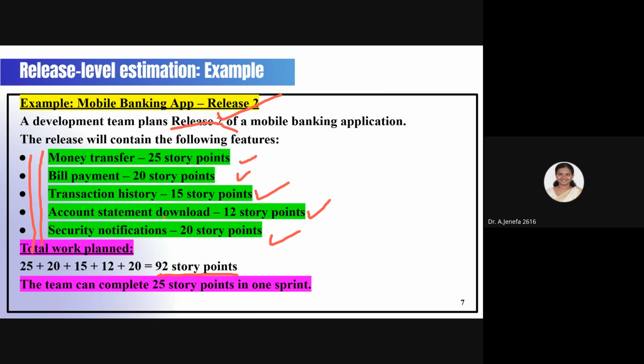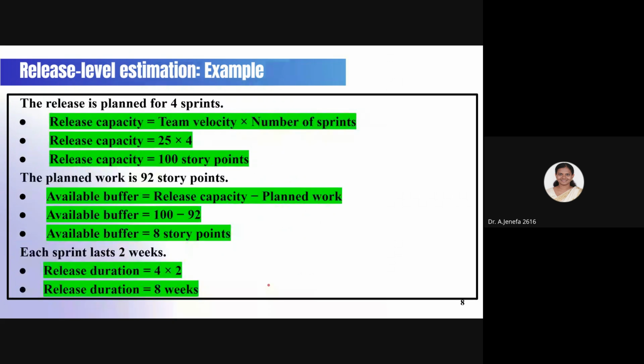The next point given is that the team can complete 25 story points in one sprint. Totally we have 92 story points, and the team can complete 25 story points in one sprint.